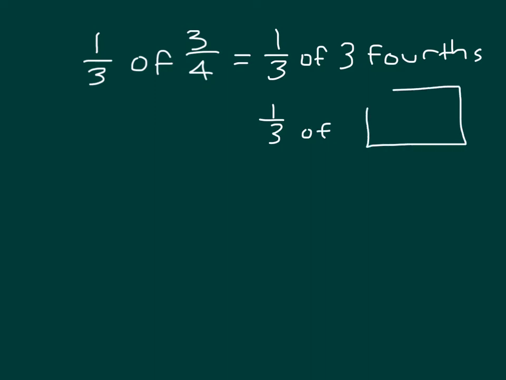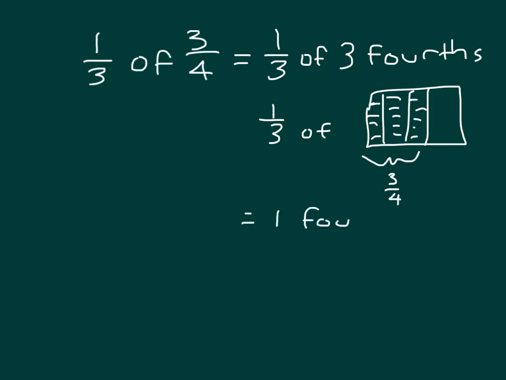So if we look at a bar model, there's 1/4 there, there's 1/4 there, and there's another fourth there that represents 3/4. So 1/3 of 3/4 better be equal to 1/4, which also can be written in fraction form as 1/4.